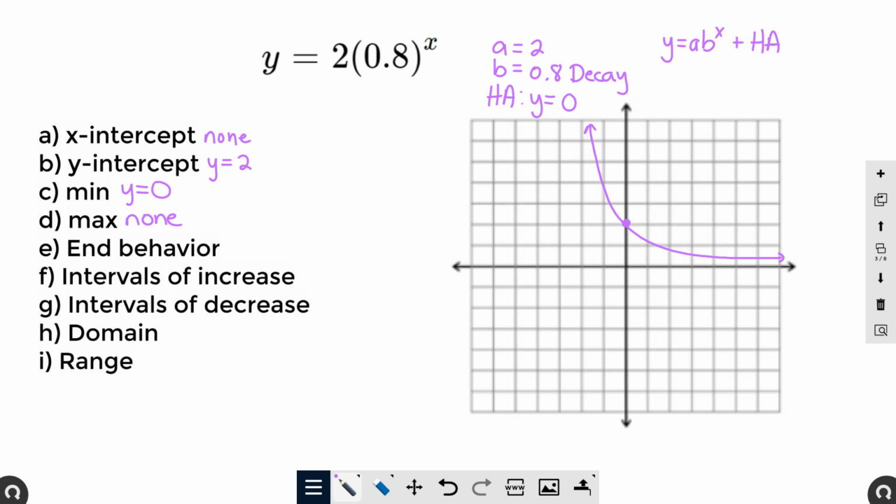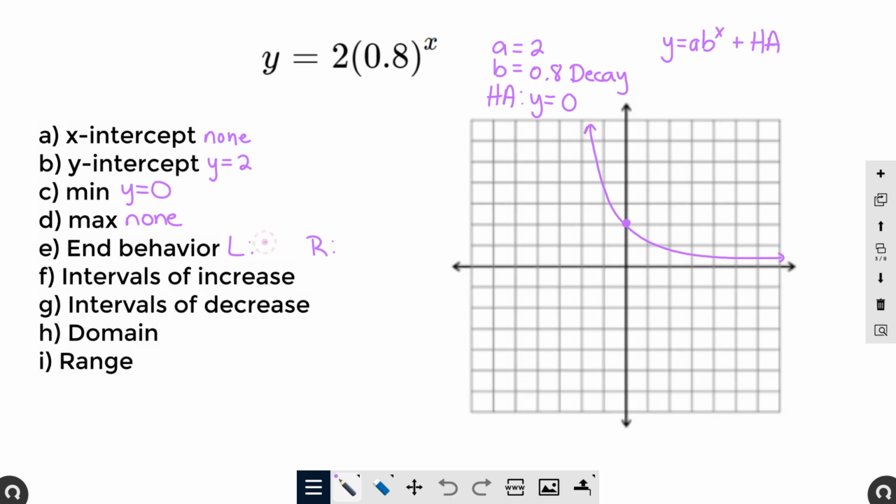Now, when we talk about end behavior, we had absolute value graphs before, and they were V's, right? So the ends both went up or both went down. That doesn't happen on exponential. One end goes up and one side levels off. So I like to use L and R to say what happens to the left side, what happens to the right side. If I start kind of in the middle and I go towards the left, where does the graph go?